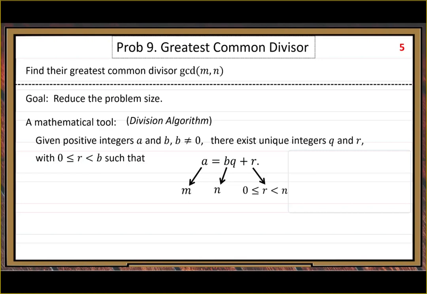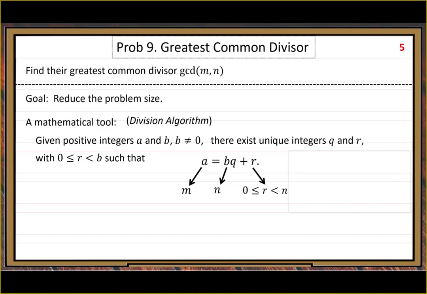When we apply it on that GCD function, A we can replace by m, our input value, and B, the divisor, we replace by n. Q and R are determined by m and n.